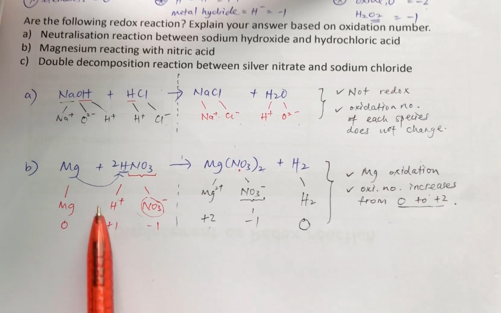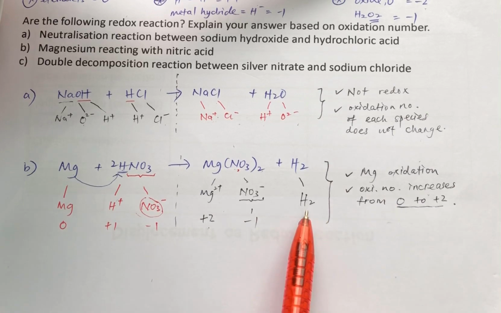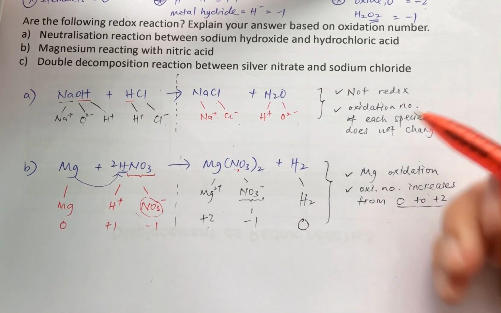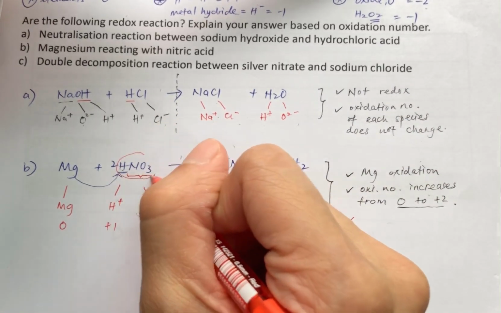Next, I'm going to compare my H. Before is H+. After the reaction, it becomes H2. H goes from +1 to 0. The oxidation number decreases, so that means it undergoes reduction. So I'm going to talk about this entire thing.